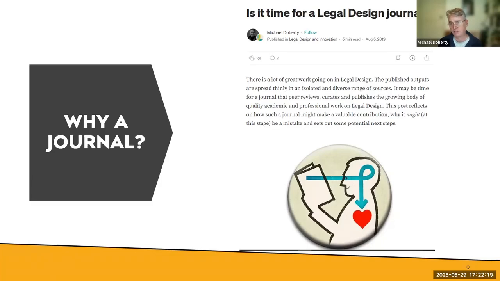So in an 8,000 word article, we'd all have to spend 3,000 words at the start of every single article explaining again what legal design is. And it also means that any self-respecting discipline needs its own journal, or certainly its own places to publish, because otherwise the work that you publish is not really in critical dialogue with each other. The work will always have to be, in some respects, entry-level work.